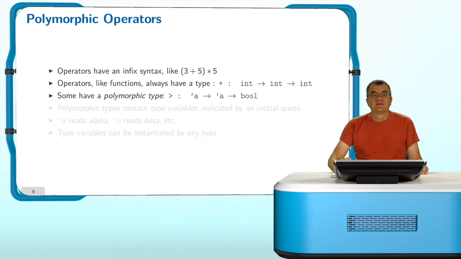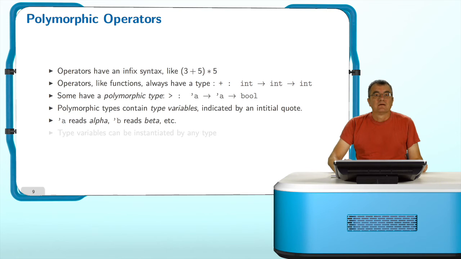In this case, the type of the arguments is indicated with the so-called type variable. Type variables are indicated by an initial quote. In case these variables consist of only one letter and a quote, they are in fact spelled like Greek letters. So in our example, we would have alpha, arrow alpha, arrow bool.